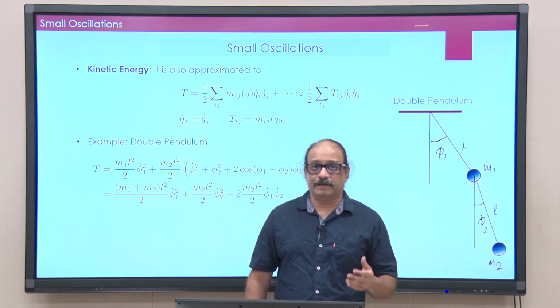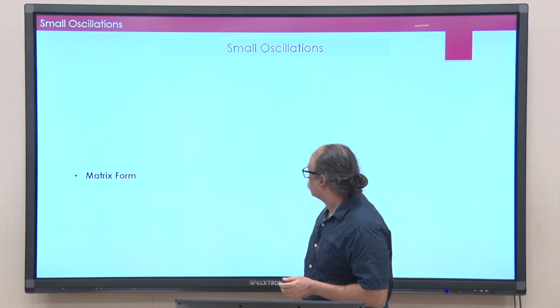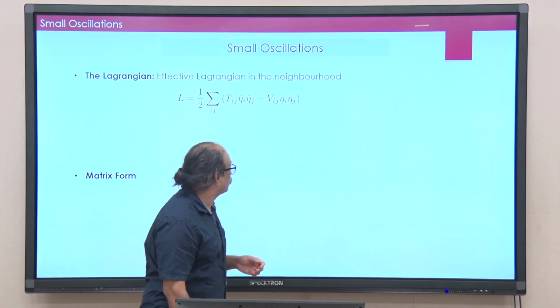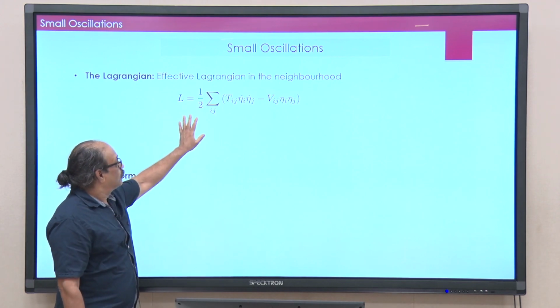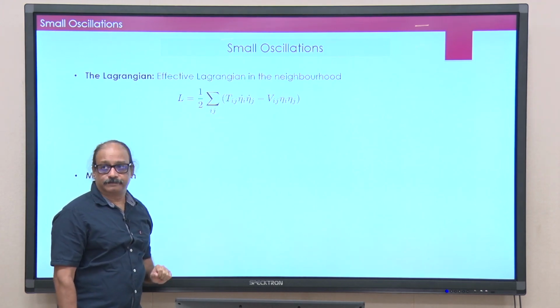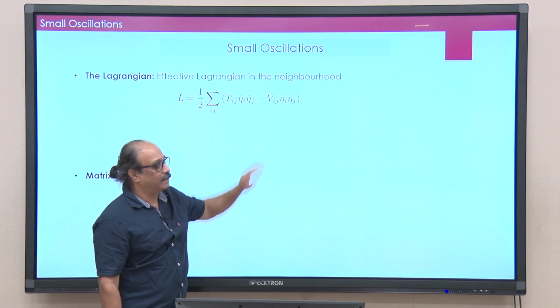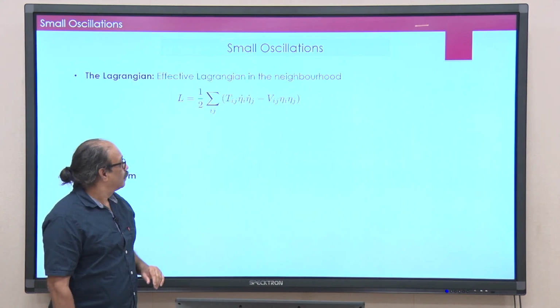So, the total Lagrangian now becomes the kinetic energy term minus the potential energy term. Okay.